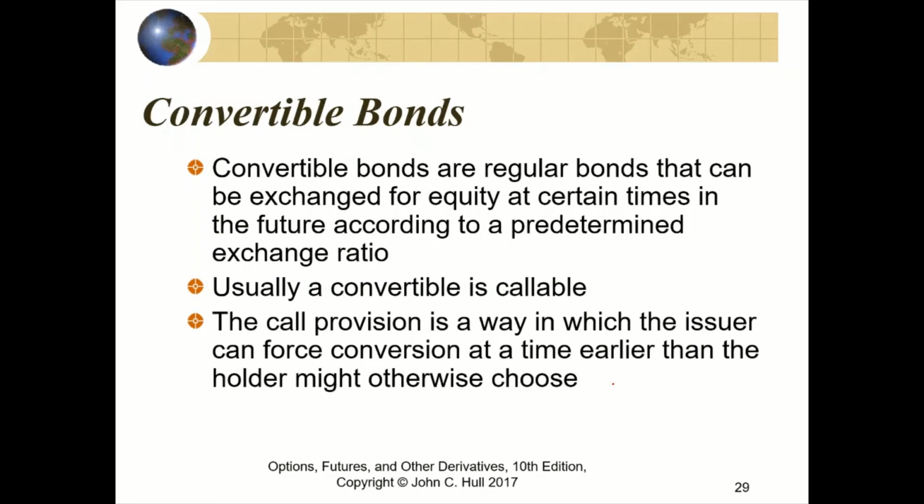So this convertibility is considered as a call option on the company's stock. So when we want to evaluate a convertible bond, we cannot use the technique we use for ordinary bonds to find its value. We have to also consider the price of the option embedded in the convertible bond.